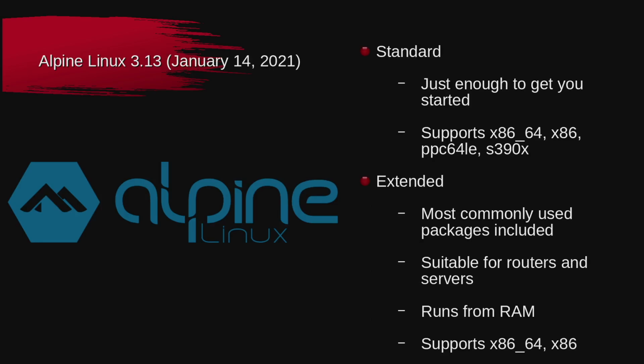There are a number of options that you can pick when you download. There is standard, which has just enough to get you started. It supports x86_64, also x86 32-bit, PowerPC 64, even s390x, IBM mainframes. So yes, you can install this on the smallest machines all the way up to the largest.